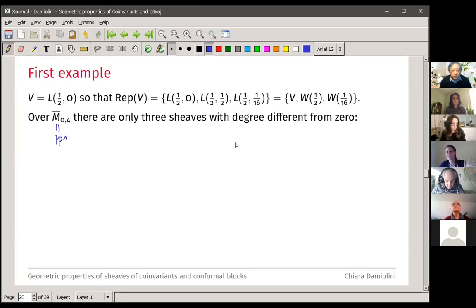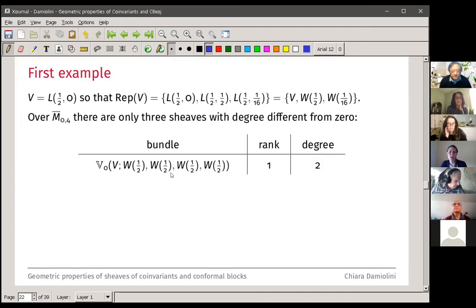If the degree is 0, there is really not much we can do. These 3 sheaves are the ones where the insertions have to be a combination of these 2 modules, and they need to be an even combination of the 2, otherwise they are just going to be of rank 0.